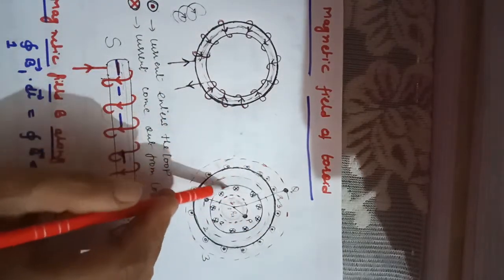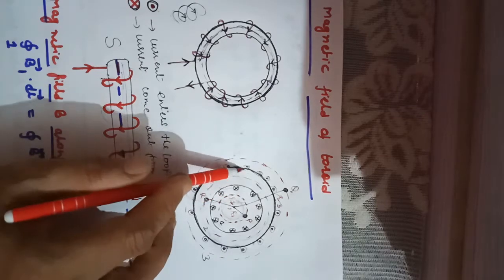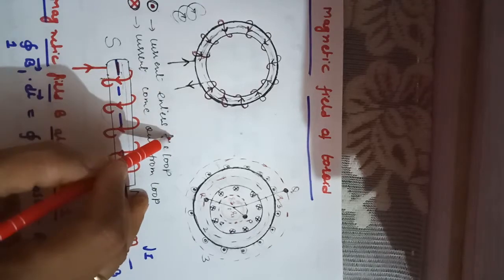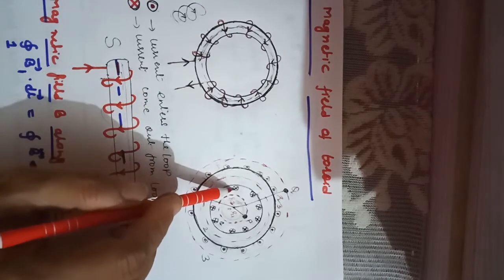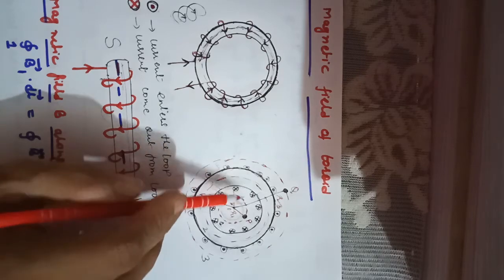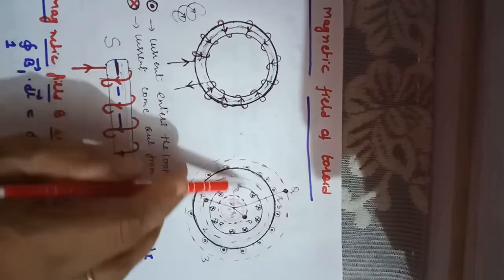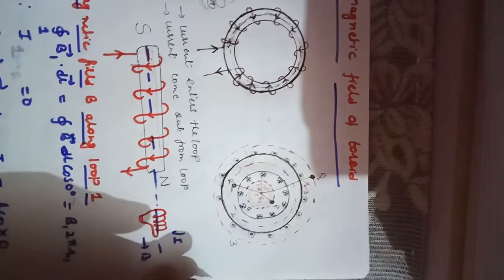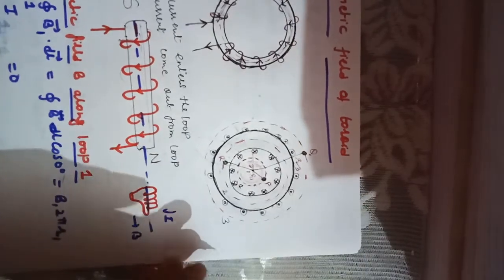So the algebraic sum of the current for this and this portion will be equal to what? 0. So we can say inside the toroid and outside the toroid, the algebraic sum of the current comes out to be 0.